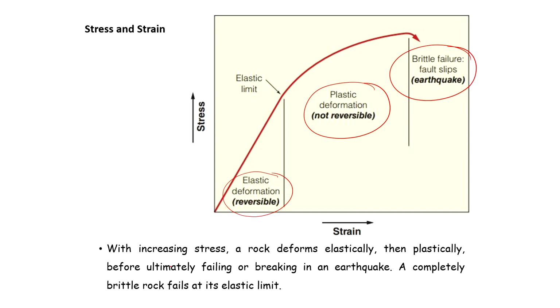So with increasing stress, a rock deforms elastically initially, and this part can be captured by GPS as present ongoing deformation, because this is a very slow process. For triggering an earthquake it may require an interval of 600 years or 400 years, or even more than 2000 years.